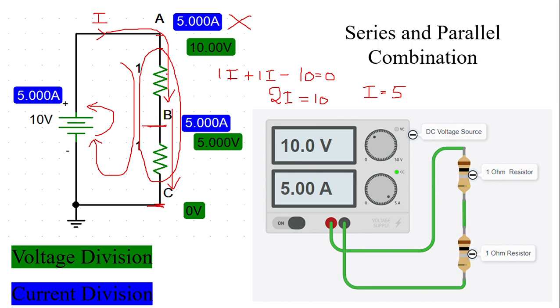The voltage gets divided, but the current will not get divided. So voltage division is possible in series circuits; current division is not possible in series circuits, right? If two components are in series, current will not get divided, but voltage gets divided.